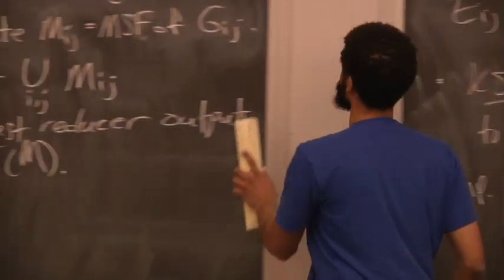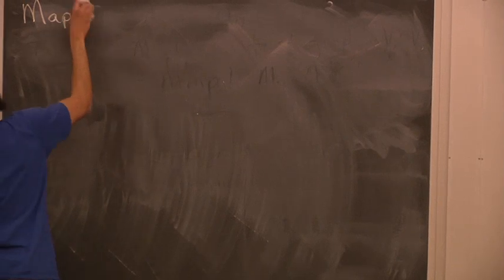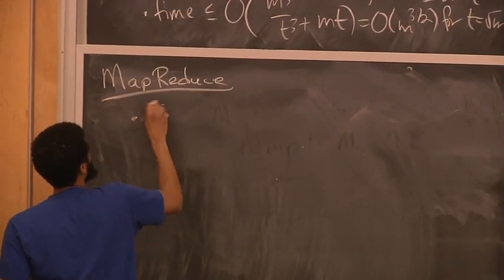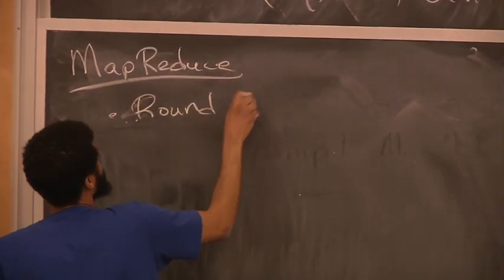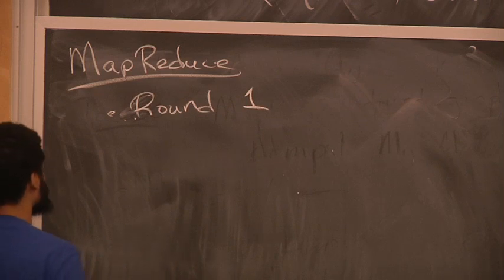And now how do I use this to implement a MapReduce algorithm? So there's round one, where map gets as input edges.